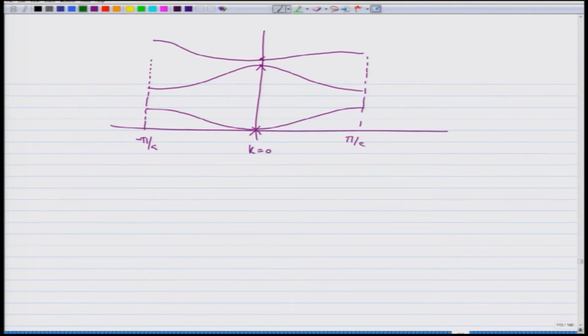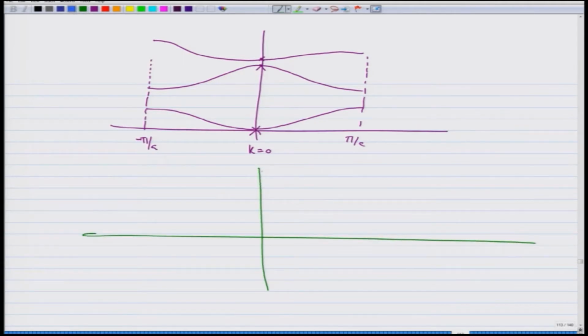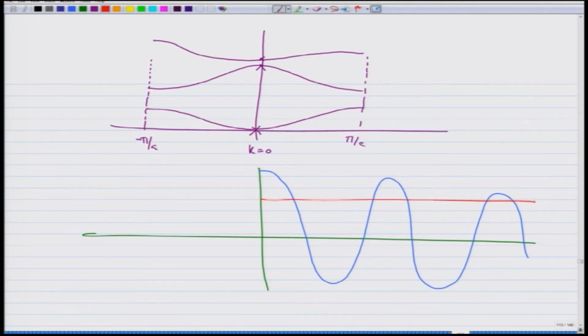If you look at this curve that we have been drawing, the right hand side of the equation looks like this, and +1 and -1 are right here. And energy is in this band.